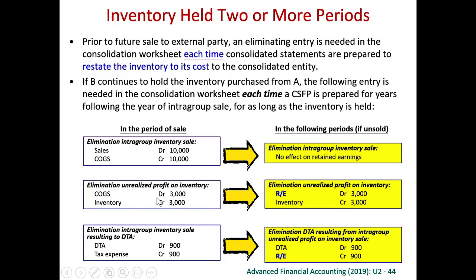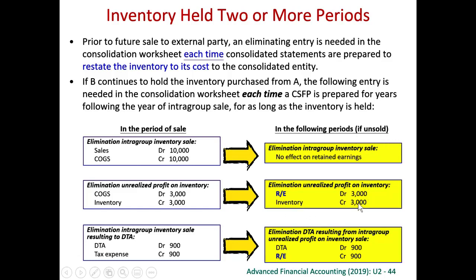But for journal number 2, the net effect on retained earnings is 3,000. Last year it was cost of goods sold, this year it is retained earnings. So we debit retained earnings to repeat this journal entry. Last year it was inventory, still we credit inventory, because this inventory remains unsold.